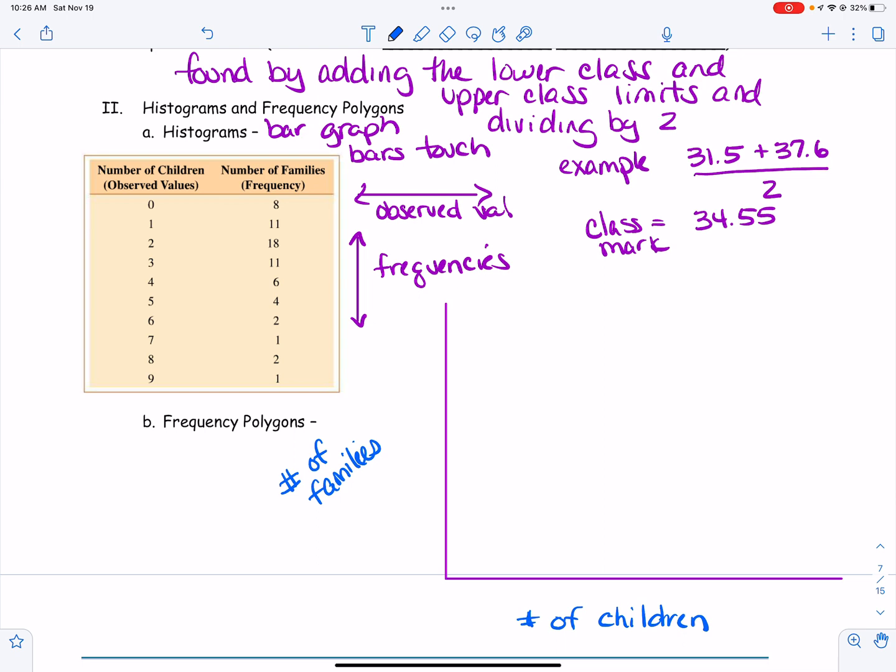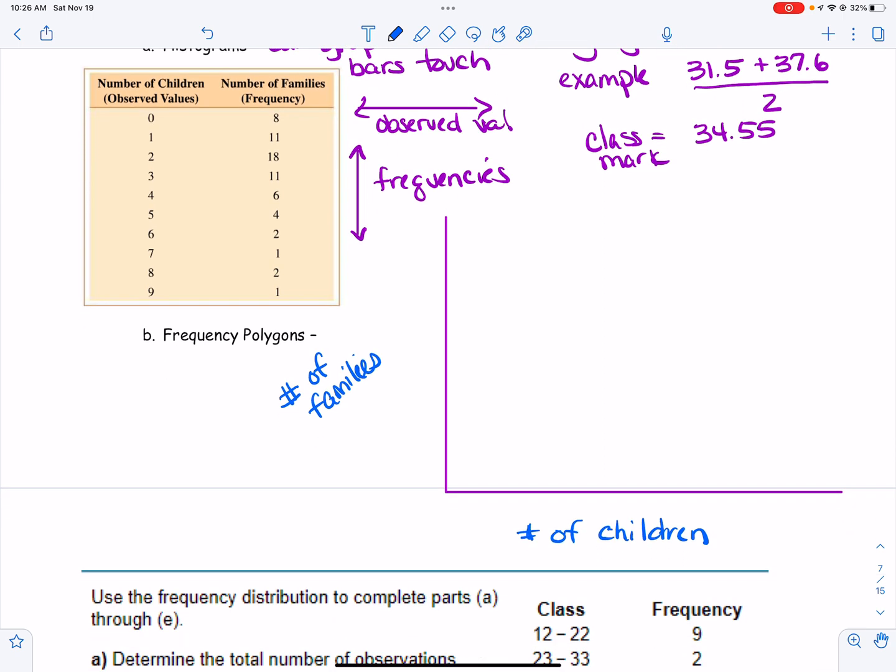And so I'm going to actually start. Now, we don't have to start with the 0 in the corner. We can, but usually the point that we're talking about making our bar graph is actually going to be in the middle of my bar. So I'm going to have 0 here, and then I'm going to count all the way to 9 because that's how many we had, and try to make them as even as possible. I know we're doing this by hand, but that's what we're looking for.